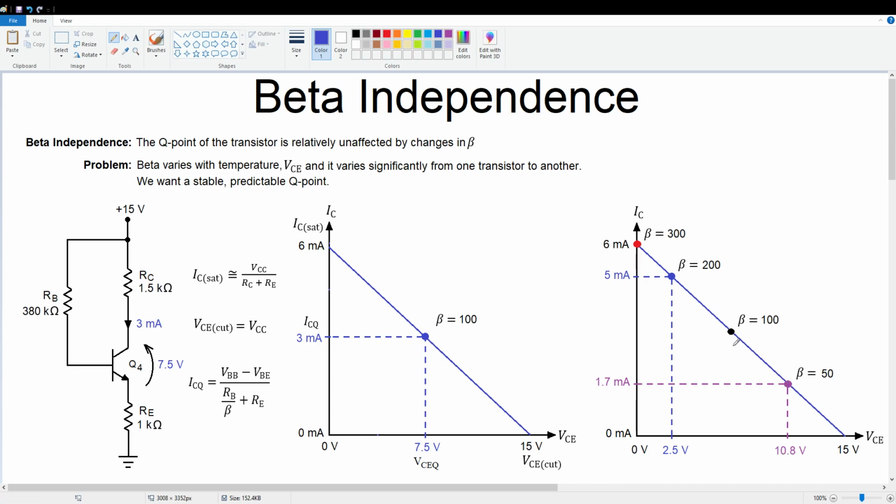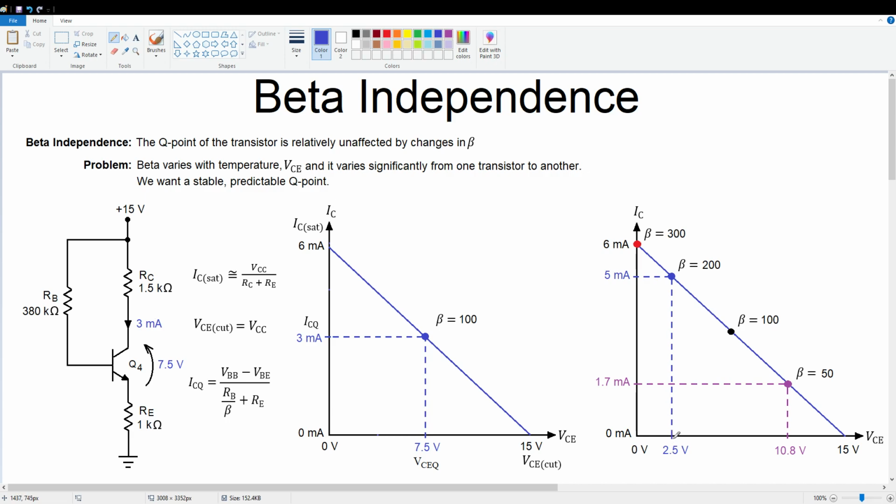That's kind of far away from what we wanted, so that's probably not a good situation. And similarly, if we had a transistor with a beta of 200 in this circuit, the Q point moves towards saturation. We end up with ICQ of 5 milliamps, VCEQ of 2.5 volts.